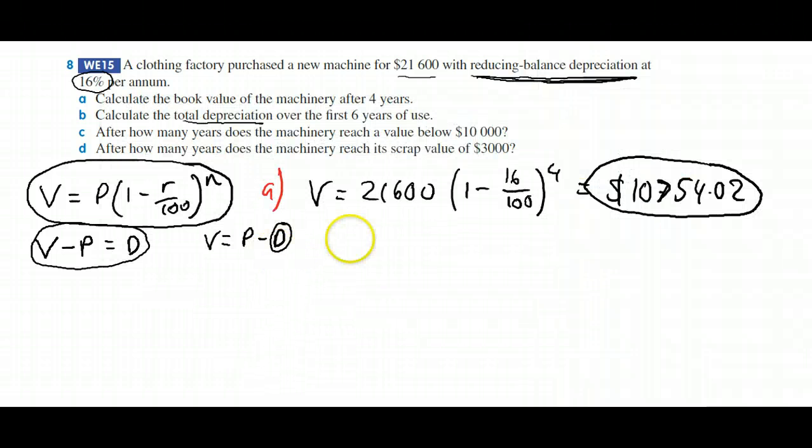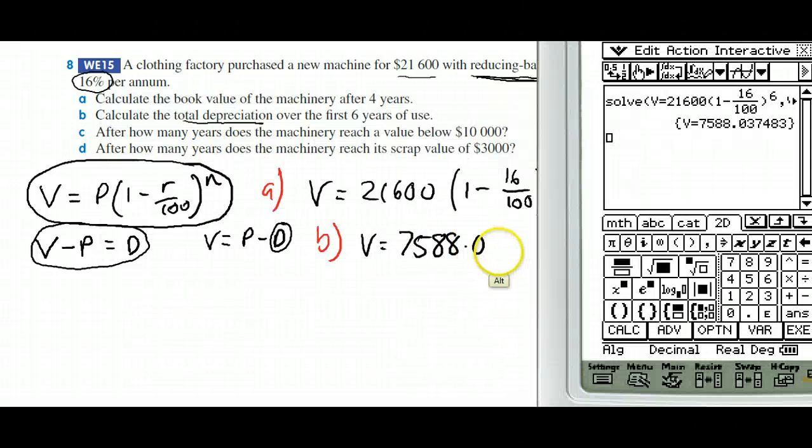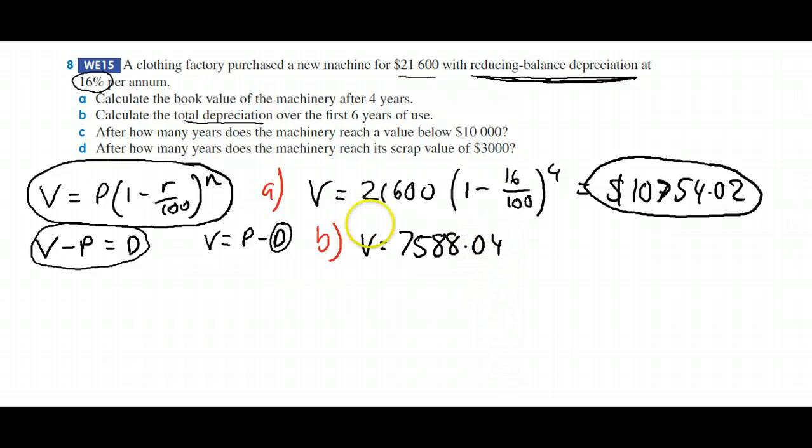So for B, we've got V equals 7588.04, and then we need to minus the purchase price from that.